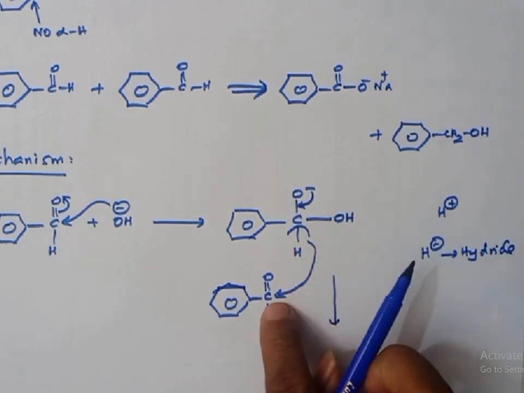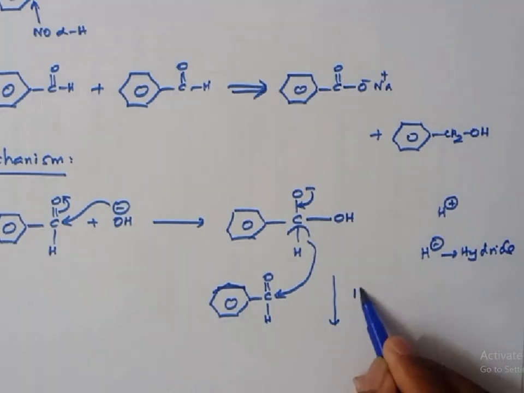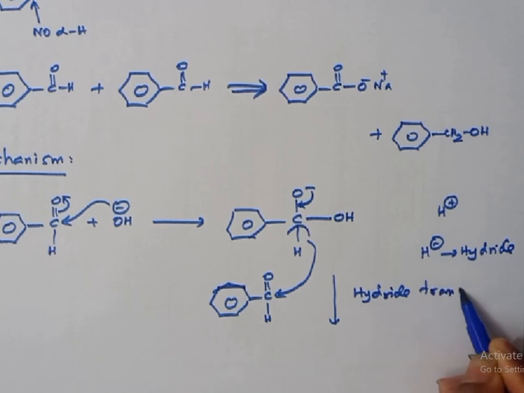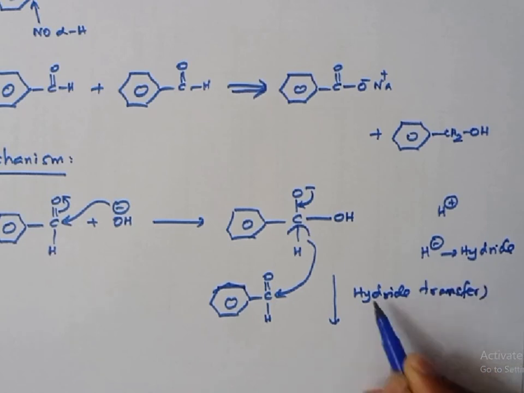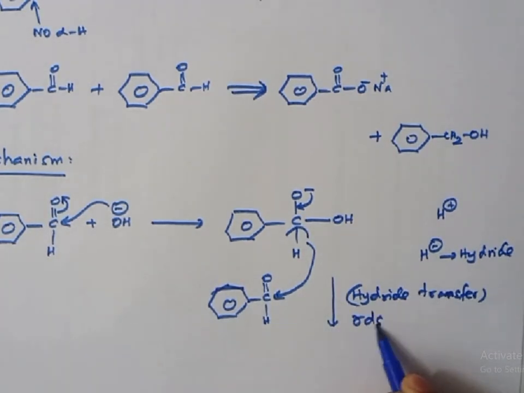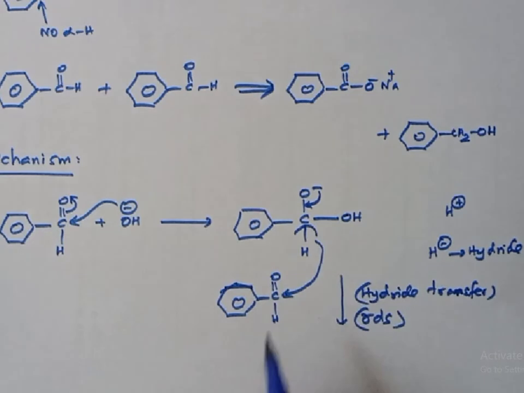This hydride ion will attack here. Students, observe carefully. Hydride transfer takes place from one molecule to the other molecule, and this is the slow step, or the rate determining step of the reaction. For this hydride transfer to take place, students, this aldehyde should be highly reactive.